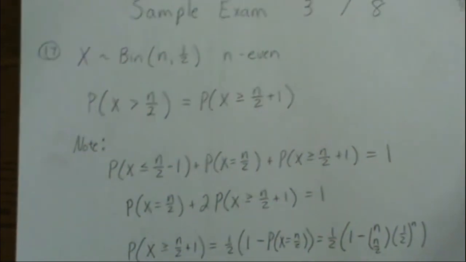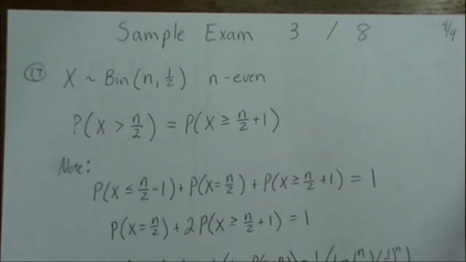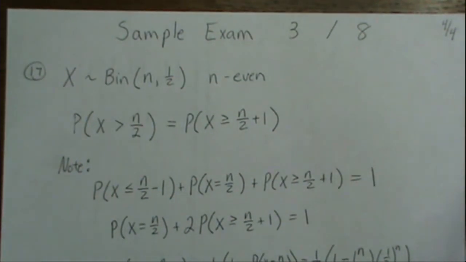Number 17, a fair coin is tossed n times, where n is an even integer. What is the probability that the number of heads exceeds the number of tails? So here, we toss a fair coin n times, where n is even.